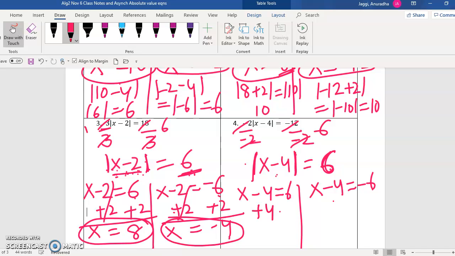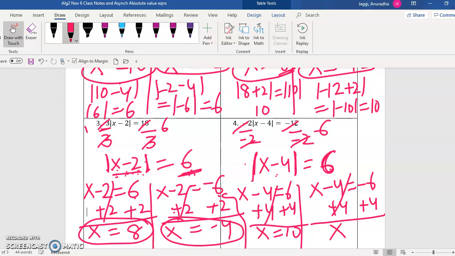Again, add 4 to both sides. Here you get x equals 10, and here you add 4 to both sides. Inverse operation for solving for x. You know how to solve equations. So x is equal to negative 6 plus 4, which is negative 2.